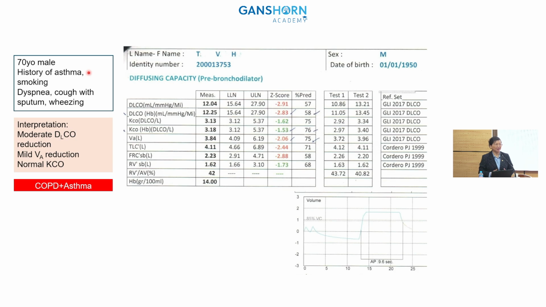Once the patient has a history of asthma, you always have the diagnosis of COPD plus asthma. It's a very important problem because with this patient, you must give them inhaled corticosteroid as for asthma. Otherwise, they will have asthma exacerbation.